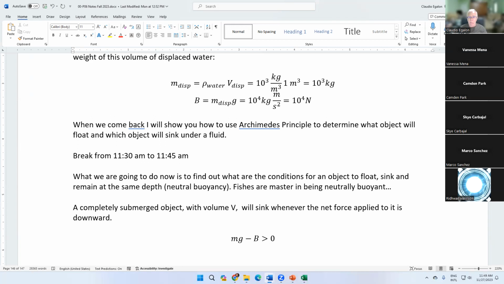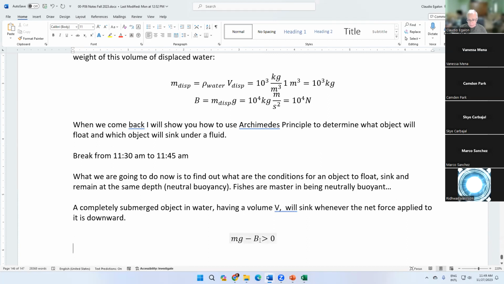Assume that we're talking about water here. A submerged object in water having a volume V. Here's the mass of the object, and here's the acceleration of gravity.